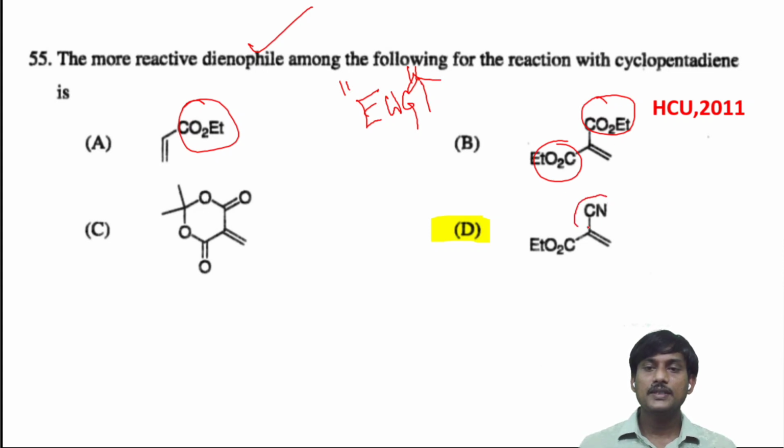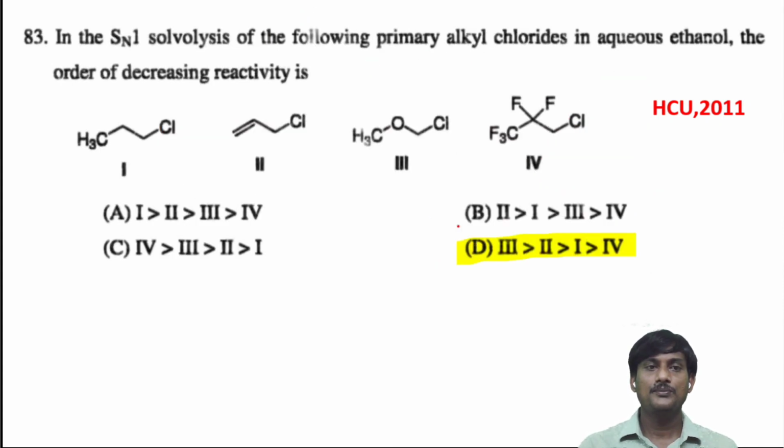Even CN is a stronger electron withdrawing group when compared with CO2Et. So in this case, we have a strong electron withdrawing group. So this one is the more reactive, more active dienophile.